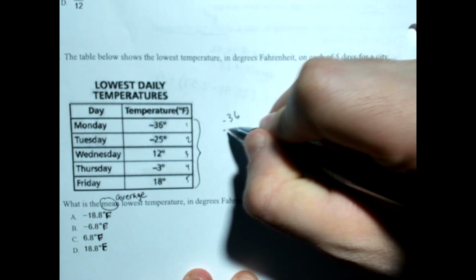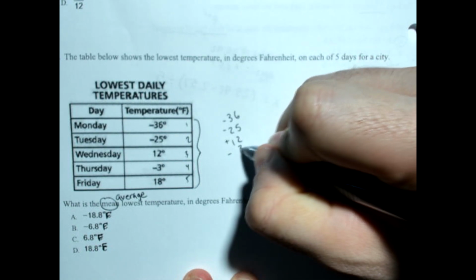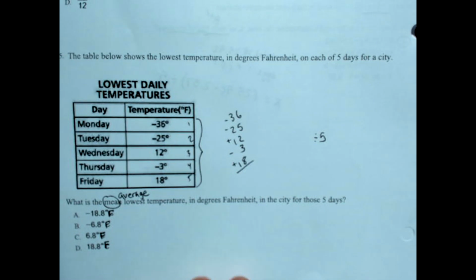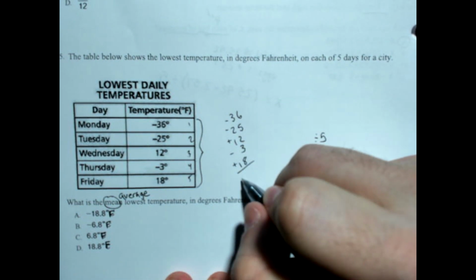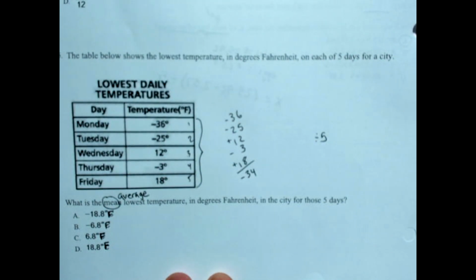So we need to do negative 36 minus 25 plus 12 minus 3 plus 18. And lucky for you guys, I already went through and did this. If you have a calculator, you can type it in now. If you don't have a calculator, the result of that addition is negative 34.